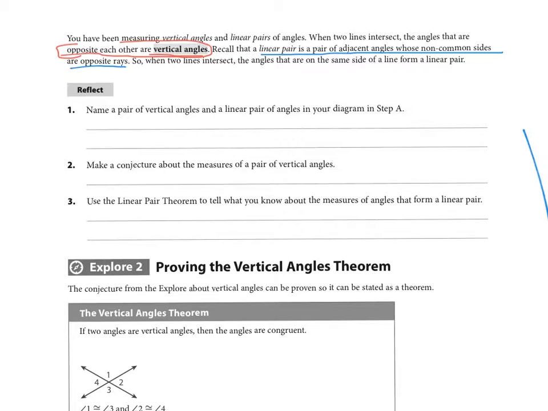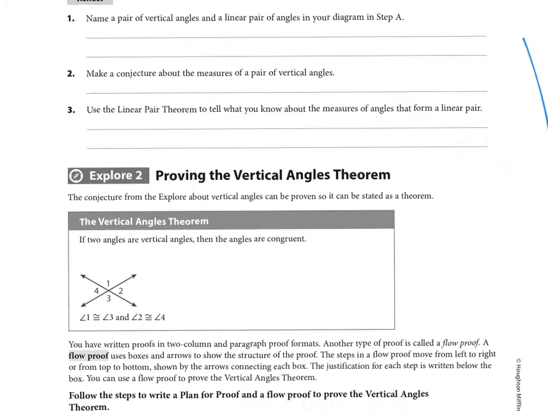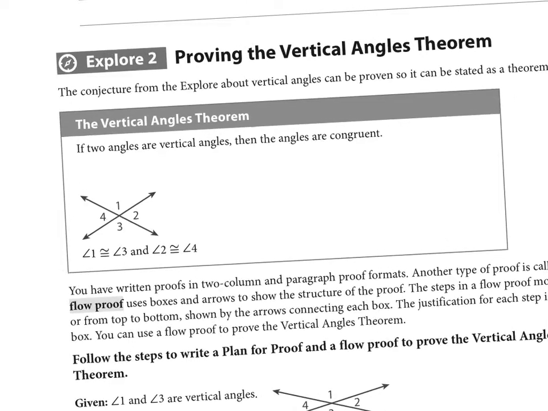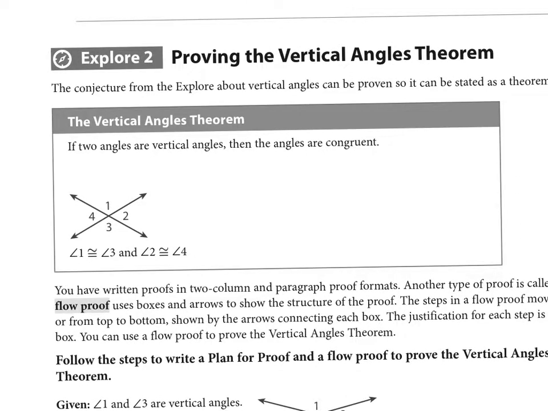Okay, so those are the two things you need to know. And if you move down here, vertical angle theorem, when you have two vertical angles, then the angles are congruent. So 1 and 3 are vertical angles, they're congruent, and 2 and 4 are vertical angles, and so they're also congruent.